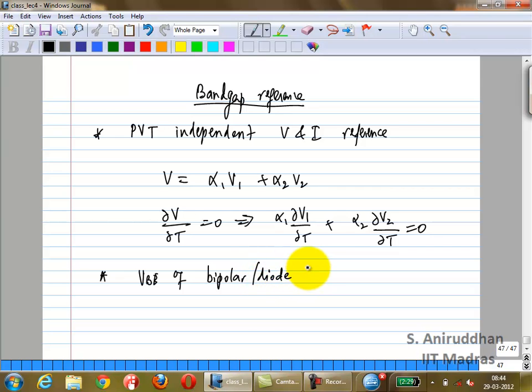So it turns out that the base-emitter voltage, first of all, the bipolar characteristics are very well known, fairly well studied, and it gives you a very reliable temperature dependent voltage, which happens to be the VBE of the bipolar.